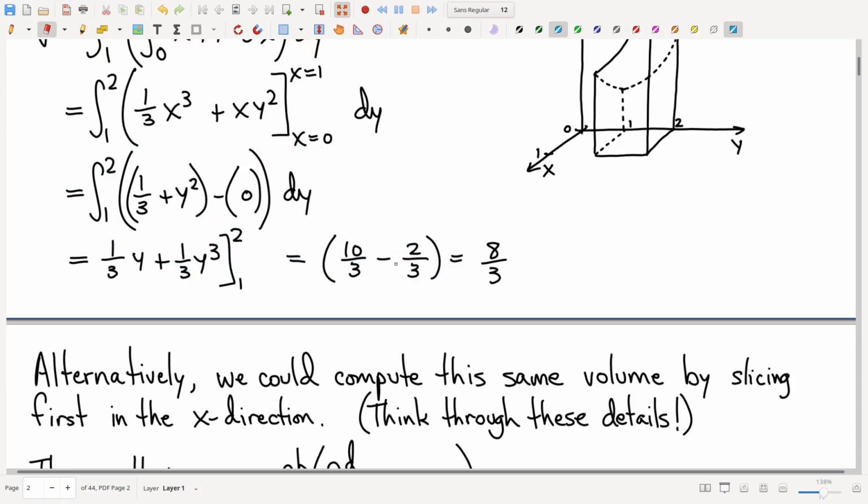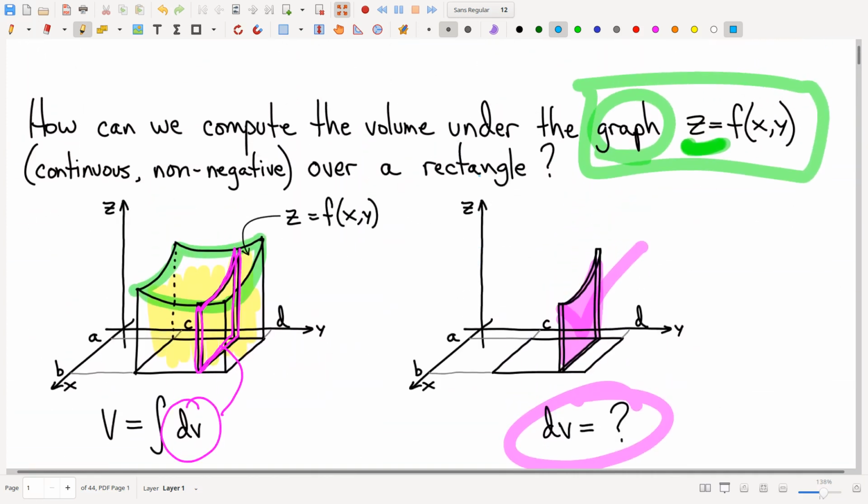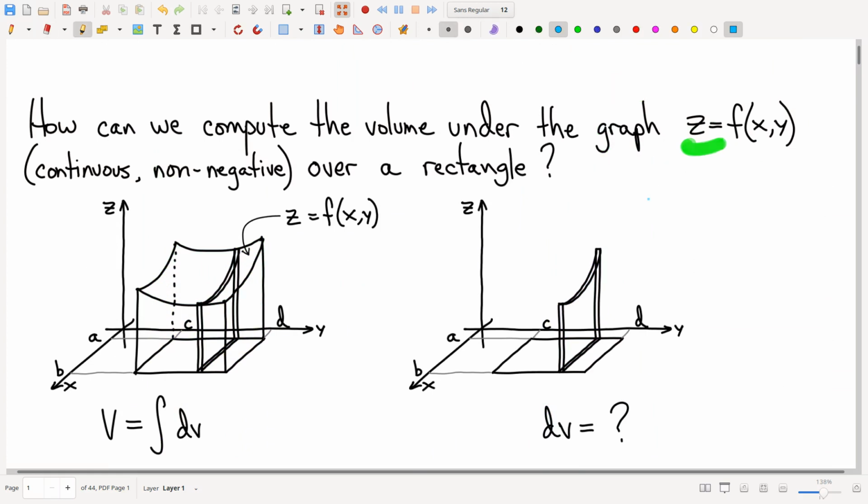Okay, so keep in mind, I motivated all this by wanting to compute the amount of volume under a graph. This is what we were originally looking at, this volume right here. And I arbitrarily chose to make my slices like that. Well, it's totally arbitrary. I didn't have to do it that way. What if I had decided to chop it up differently? Let's see how good my freehand art is.